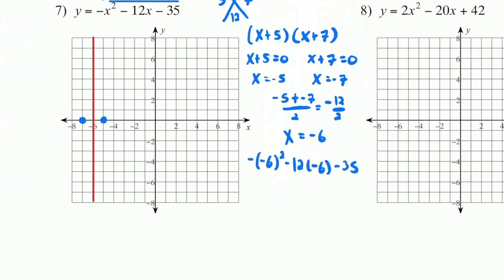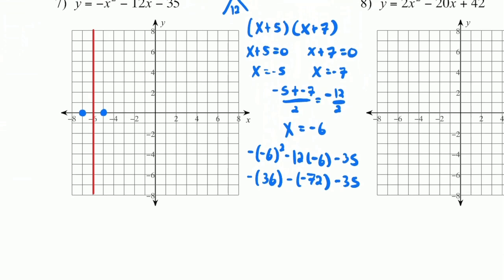And so I go ahead and simplify this. So negative 6 squared is going to give me 36, and minus 12 times negative 6 will give me negative 72 minus 35.